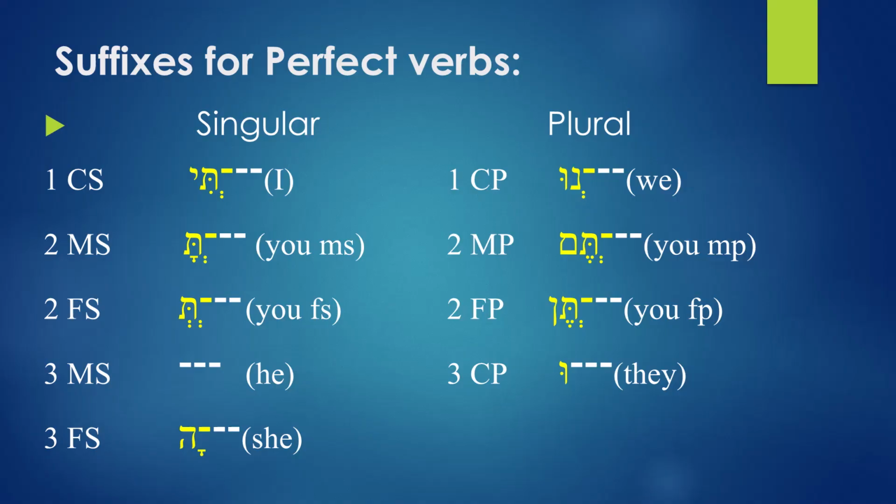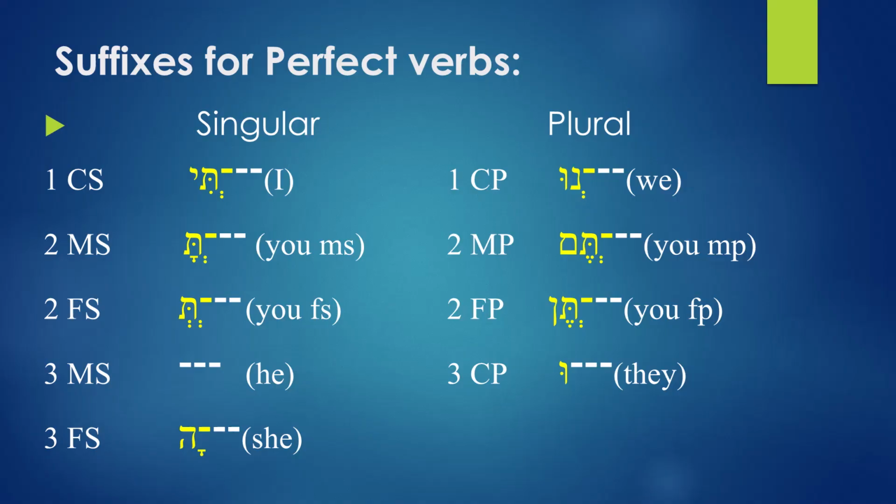And so in the first common singular, you have the suffix ti, which is translated as I. Second masculine, you have ta, which means you. Second feminine, you have t, which means you. And in the third masculine, observe, there are no endings there. Third masculine does not have any suffix. In the third feminine, you have ah, which means she.